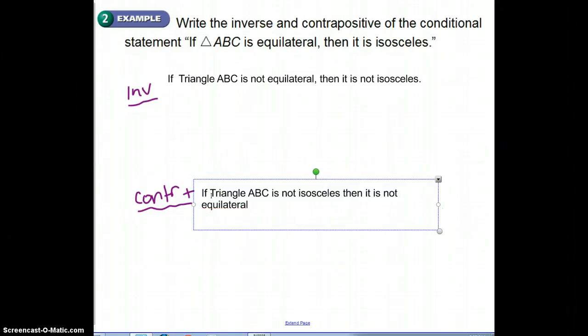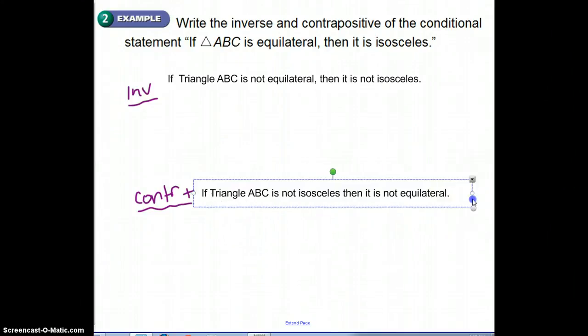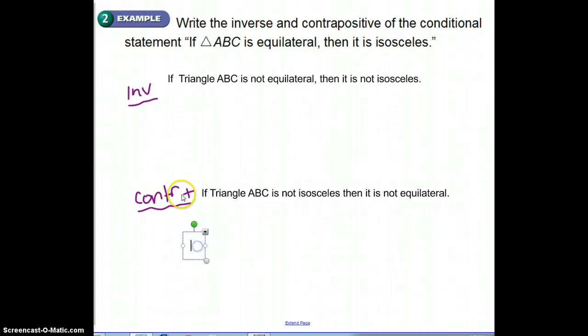So remember, part of this is still a sentence. That part hasn't changed. But I had to take the if and the then part and switch them. Now, good example for later on, because you are definitely going to see some more of those.